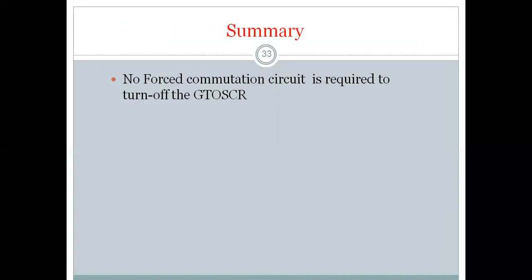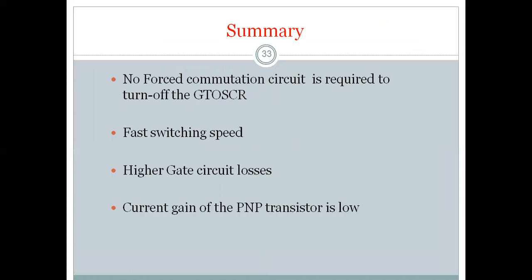The summary for GTO SCR: no forced commutation circuit is required to turn off the GTO SCR. It has fast switching speed, higher gate circuit losses, current gain of PNP transistor is low, along with advantages, disadvantages, and applications.